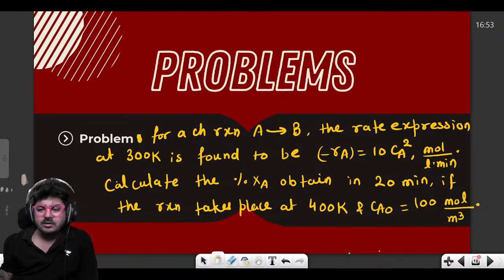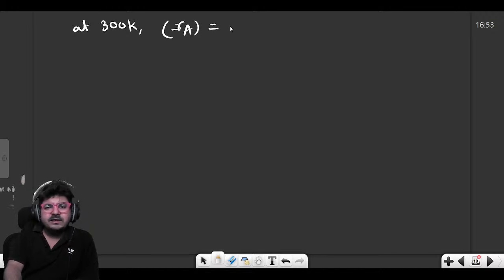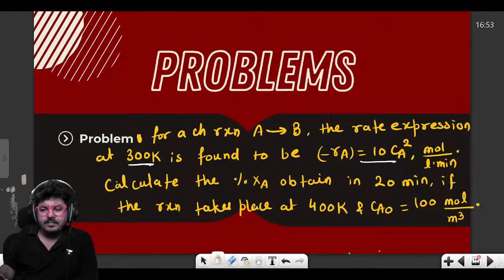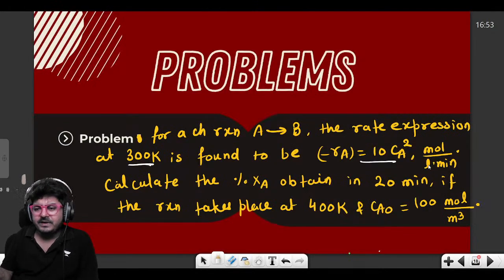Got it? Now let's check. Let's try. So here it is given that the rate expression, meaning rate of reaction, rate law, rate equation, you can say anything, at 300 Kelvin, minus rA is 10 CA square mole per liter per minute.